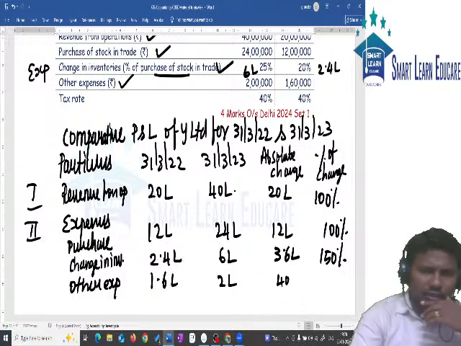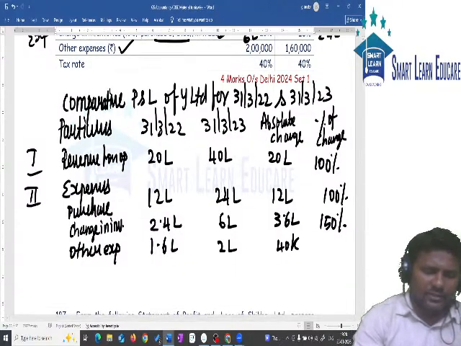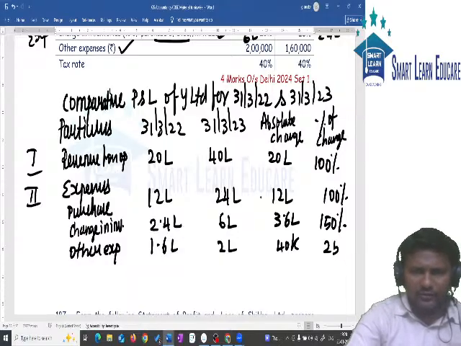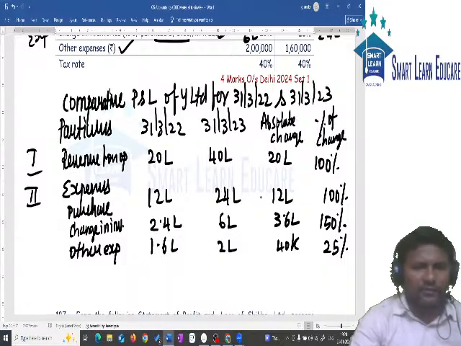Absolute change is 40,000. Expressed as a percentage, 40,000 divided by 1,60,000 is 25 percentage.